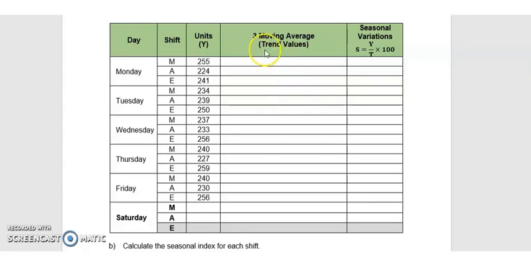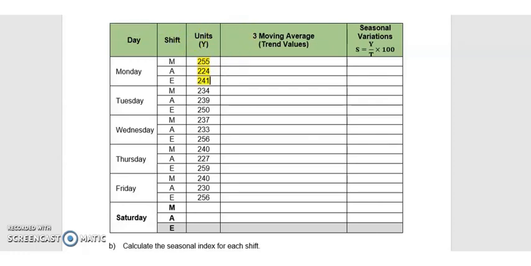Now look at how to find the trend values or the three moving average. Again we have three shifts. So you find the average number of computers produced from these three shifts on Monday. Morning, afternoon, evening, the center will be the afternoon shift. So you total up these three values first, then find the average.